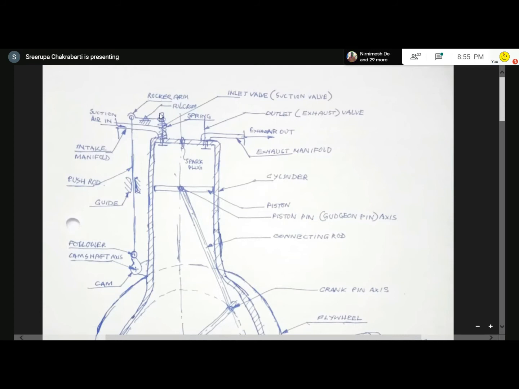So when this end goes down, the valve opens, and gases enter. When the valve has to close, just the reverse action is necessary. This point has to move up, this point has to move down, and the roller, that is the follower, has to move down.